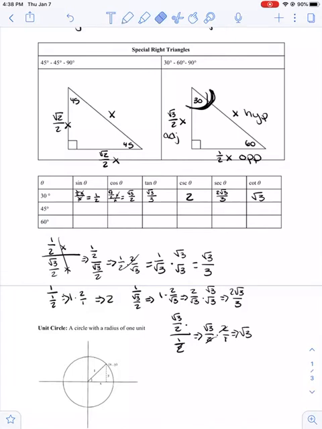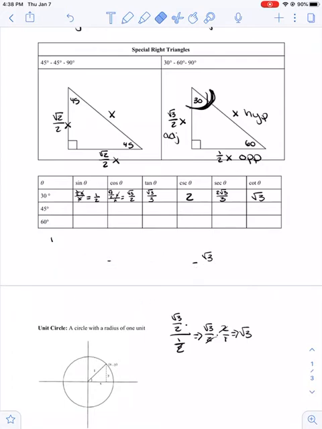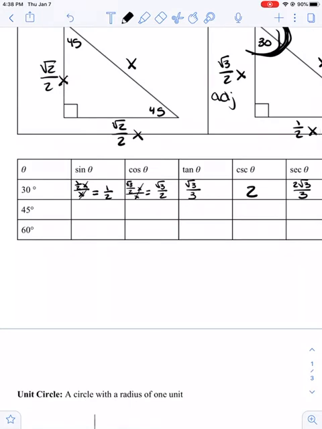So whenever you can't use a calculator and you're trying to figure those out, remember, go back to special triangles and use SOHCAHTOA. So let's go and fill out 45 and 60. You're going to apply those same rules we just did for 30, but I'll just give you what each thing is.